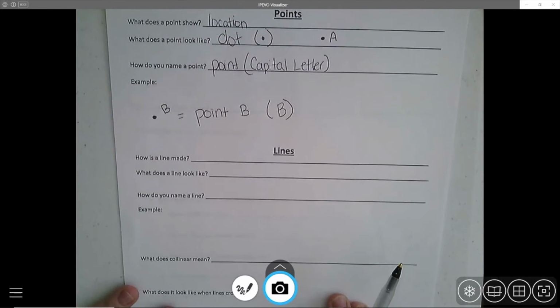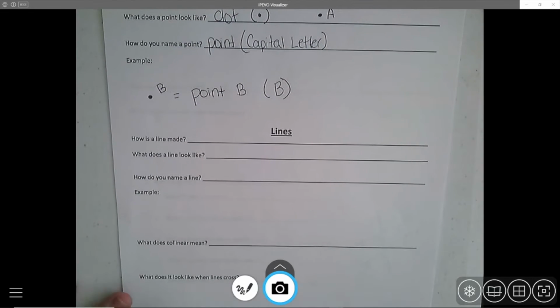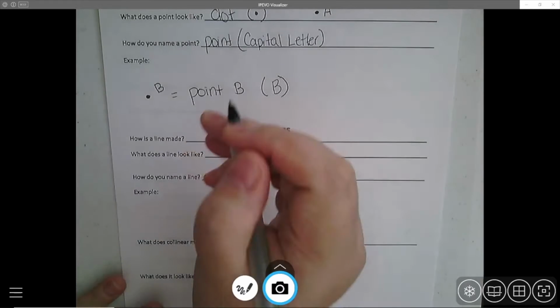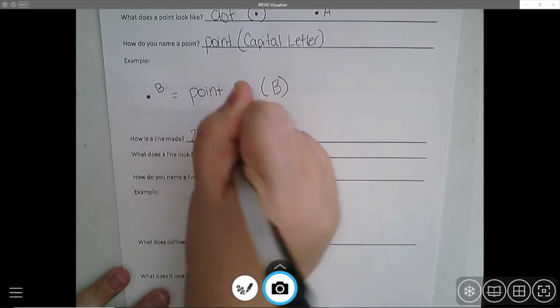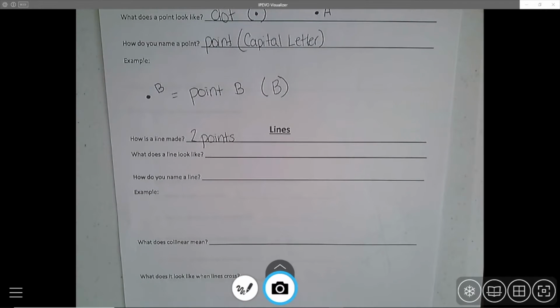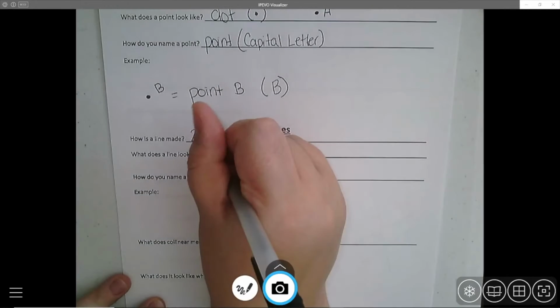So now that we have points, points help create lines. How is a line made? A line is made by 2 points. Anytime that you have 2 points, if you connect them, it creates a line. Now, what does a line look like?